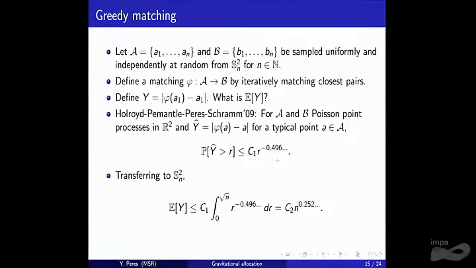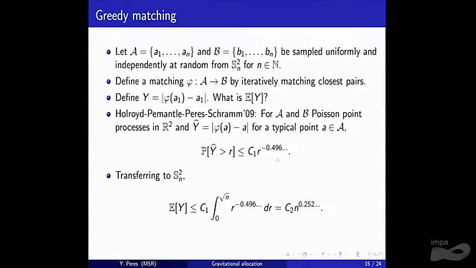Note that we're talking about a sphere of area n, so the diameter is root n. So n to the quarter is a non-trivial bound. But I conjecture, we have a heuristic that suggests, the answer should be log n without a square root. But this is just a heuristic, and it's open to determine what happens for greedy.